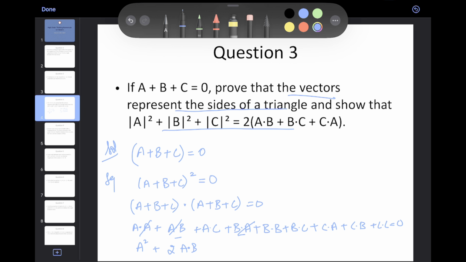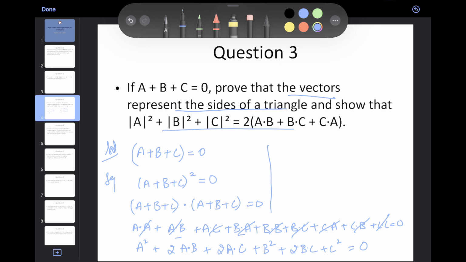Then A dot C and C dot A can be written as twice of A dot C. Then B dot B is B square, B dot C and C dot B is twice of B dot C, and this becomes C square equals 0.